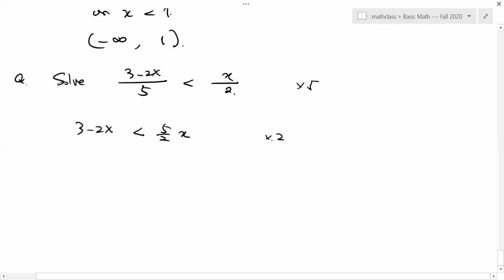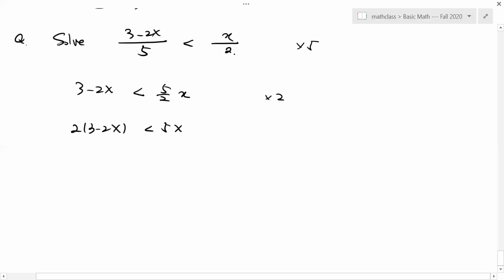Then you multiply by 2 on both sides. So it's 2 times (3 minus 2x) less than 5x. Okay, so there is 6 minus 4x less than 5x, right?